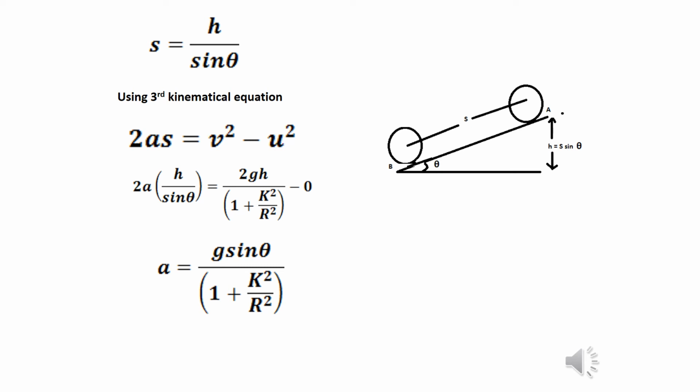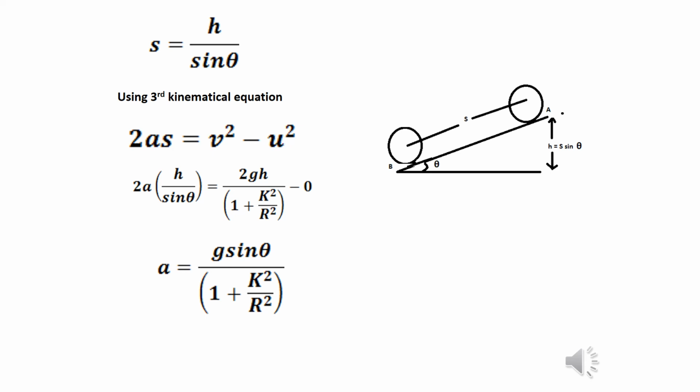Using the third kinematical equation, 2as is equal to v square minus u square, where u is the initial velocity, v is the final velocity, s is the linear displacement and a is the acceleration. As the body starts from rest, initial velocity u is equal to 0 and the velocity attained by the body at the end will be 2gh upon 1 plus k square upon r square.